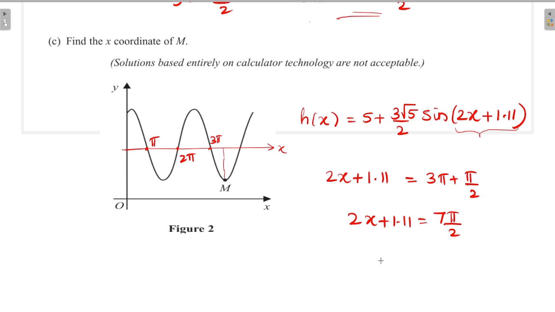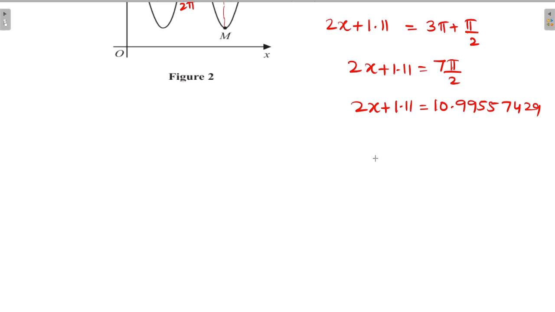The radian value of this is 2x plus 1.11 equal to 10.99557429. Now we subtract 1.11.